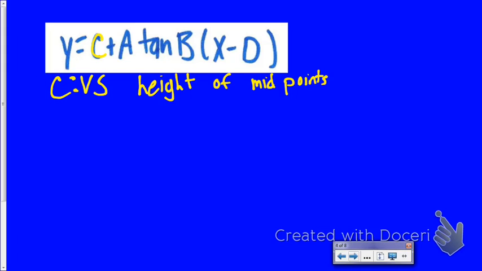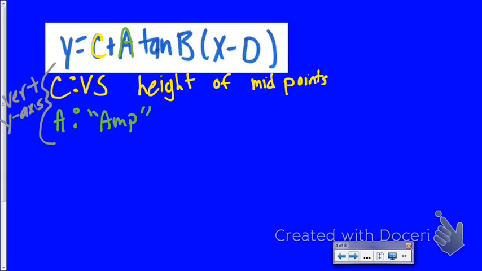Then after C, my next value is A, and A on my sine waves was my amplitude. Again, slightly different. It's not really my amplitude, but we're going to call it the amplitude, because it is still the vertical stretch. It's still the distance between my middle critical point and the height of my high or low critical points. So these first two letters are still vertical changes. Those still affect the y-axis.